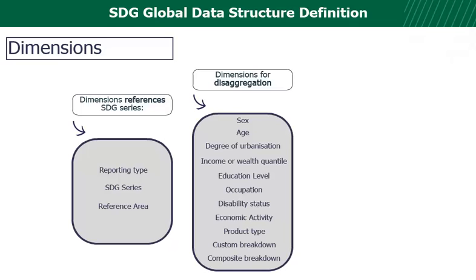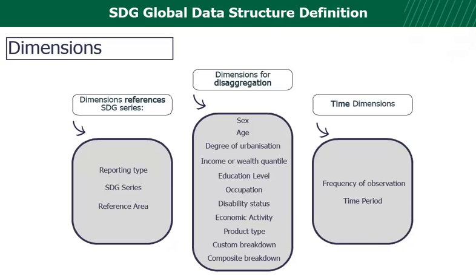The dimension custom breakdown is a wildcard dimension, used to facilitate non-standard breakdowns. And composite breakdown is a dimension that is used to implement multiple seldom used breakdowns. And finally, we have time and frequency dimensions.